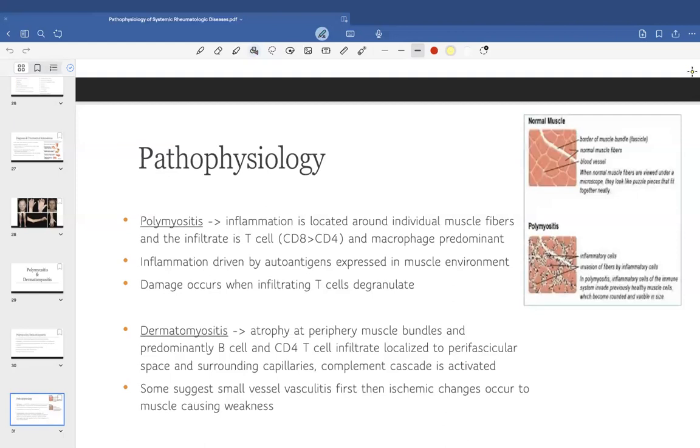It will kill it and destroy that muscle cell. And this is not apoptosis, it's not programmed cell death. And so it's going to trigger this whole inflammatory cascade.